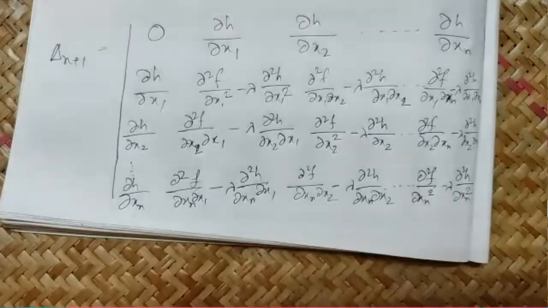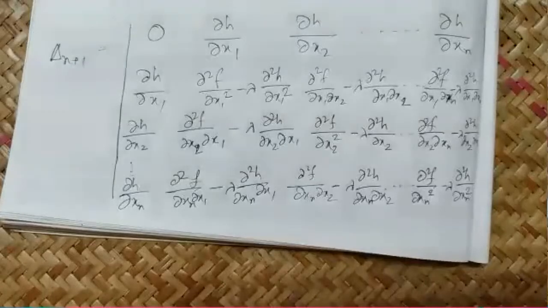Now, whether I am saying delta 3, delta 4, delta 5, the question is how many we need to solve. What we need to solve is n minus 1 principal minors. We need to check n minus 1.